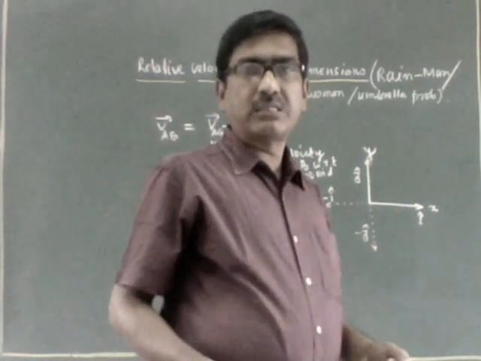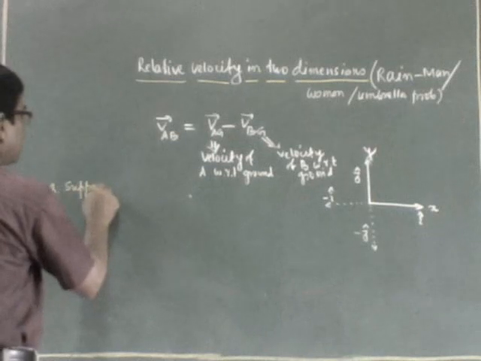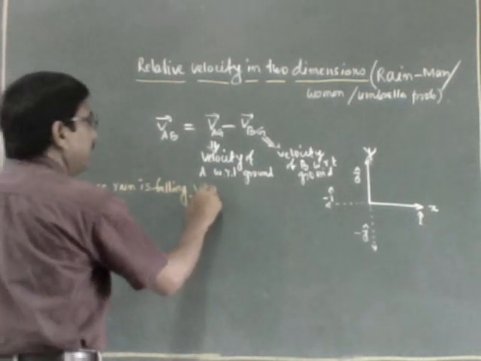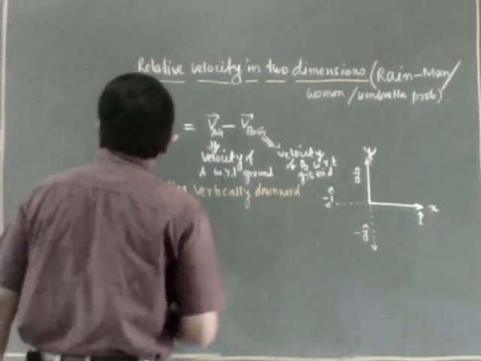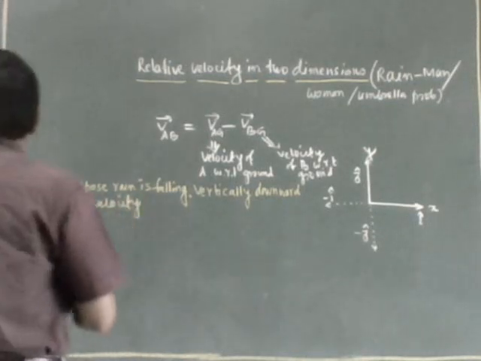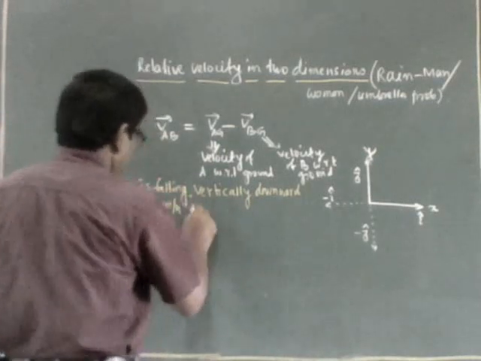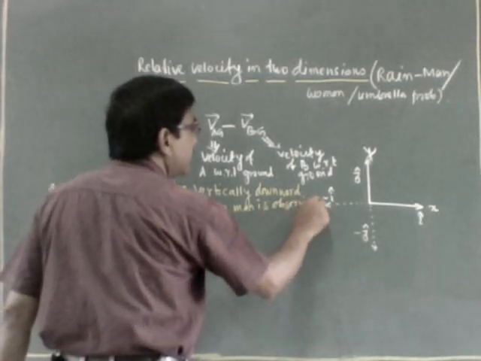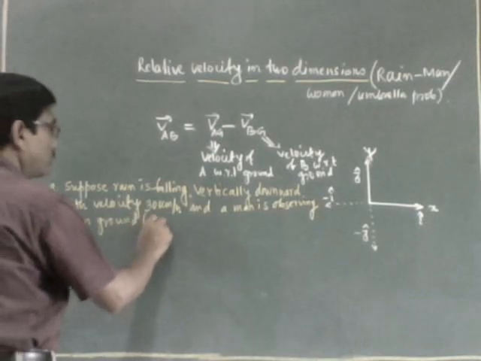So let us discuss one numerical, then it will be clear to you. Okay. So first, suppose rain is falling vertically downward with velocity 30 km/h, and a man is observing from the ground, who is at rest.